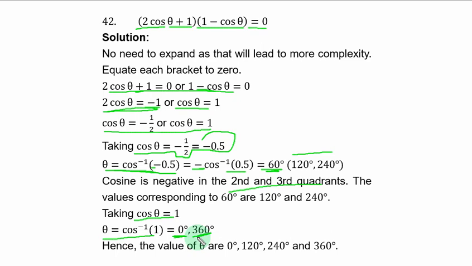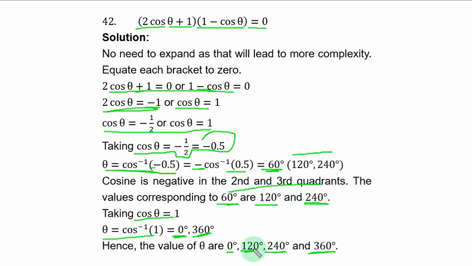360 degrees. Therefore, the values of theta are 0 degrees, 120 degrees, 240 degrees, and 360 degrees. Here, the values corresponding to 60 degrees are 120 degrees and 240 degrees.